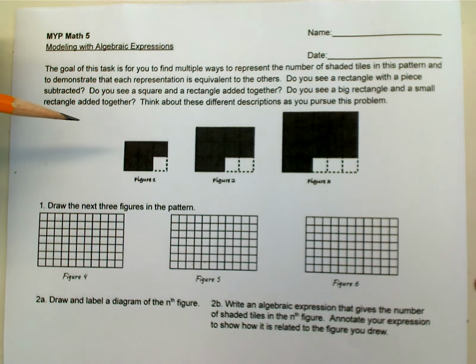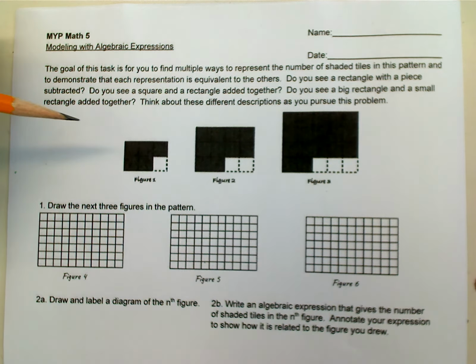So the first issue that students have, I think, that I see a lot with a problem like this is that they want to start making up all kinds of variables, the length and the width and the height, and look, there's one variable in this problem, n, and that is all. And you can describe the number of tiles it takes to make the nth figure just in terms of n, and that's what we're going to work to do.